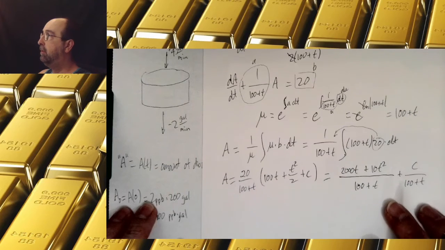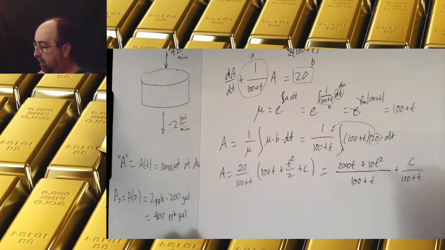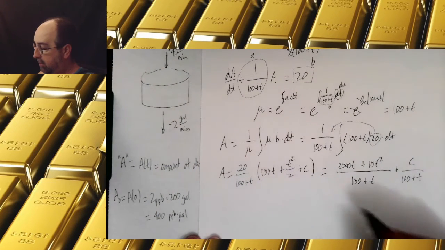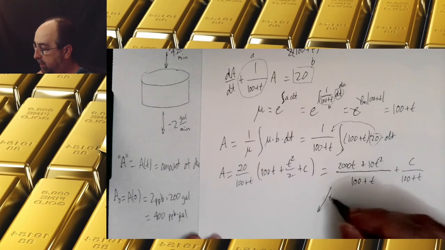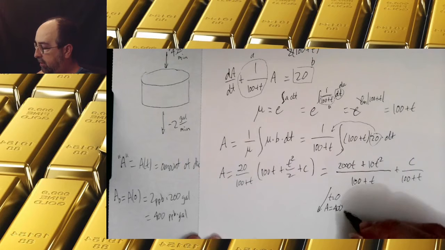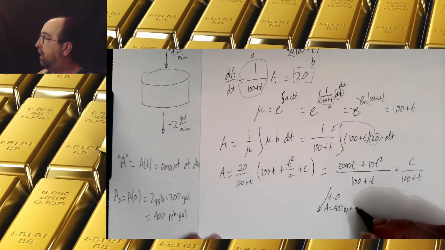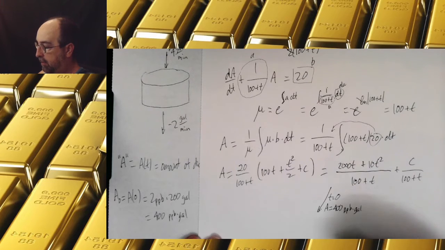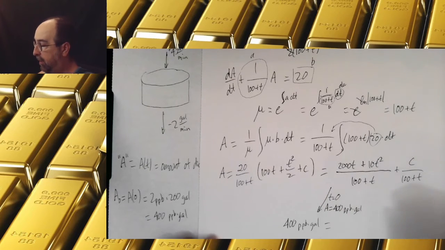So I think what I'll do is take this result and say that when t is equal to 0, A is equal to 400 parts per billion gallons. So we get 400 parts per billion gallons is equal.